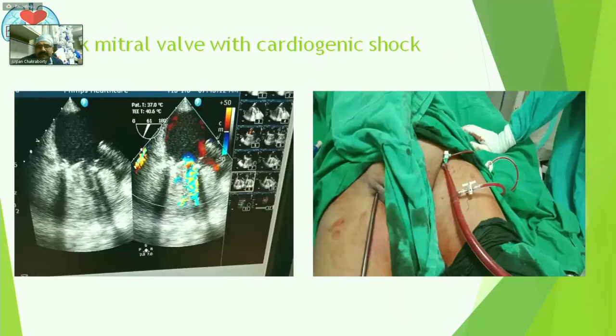And this is another case where there is a stuck mitral valve with cardiogenic shock. The patient presented in emergency. We did the CPR. For a temporary time, he just came out of that with ROSC. We shifted him to the ITU. Again, he got arrested. By that time, we put in an arterial line, and through that we could do the ECMO cannulation and put the patient on ECMO.